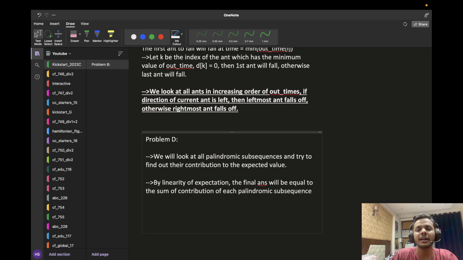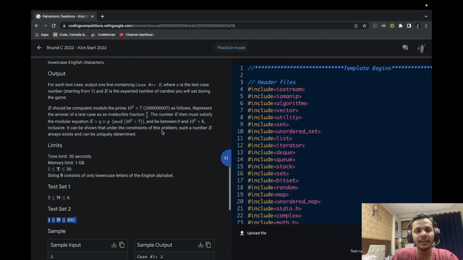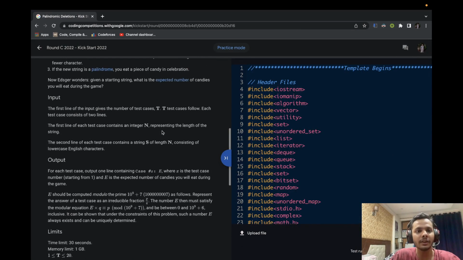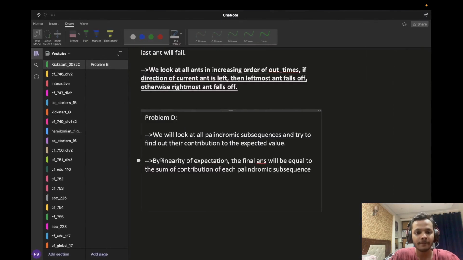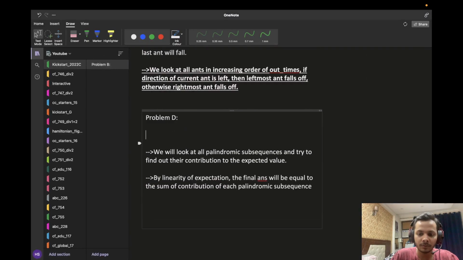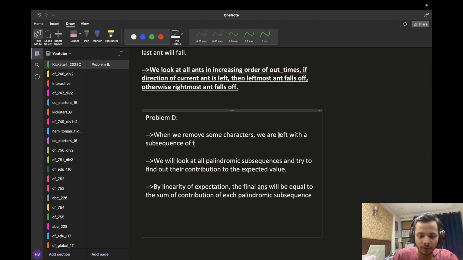So why am I looking at palindromic subsequences? The reason is that when I am removing some candies, what I will be left with is a subsequence, right? So when we remove some characters, we are left with a subsequence of the initial string, and if it is a palindrome, then we eat a candy, right?